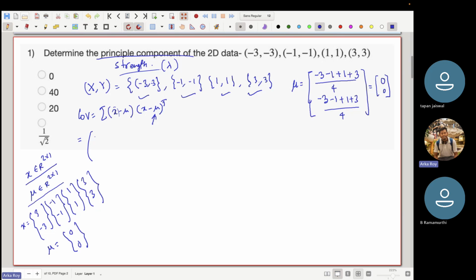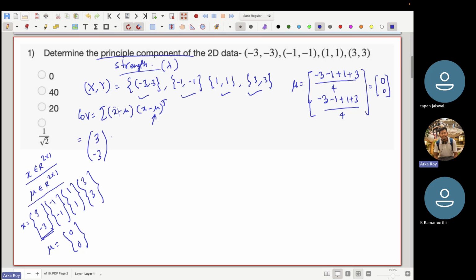What we will be doing is calculating x minus mu and multiplying it with x minus mu transpose. Let us calculate x minus mu for the first case: -3 minus 0 is -3, and -3 minus 0 is -3.